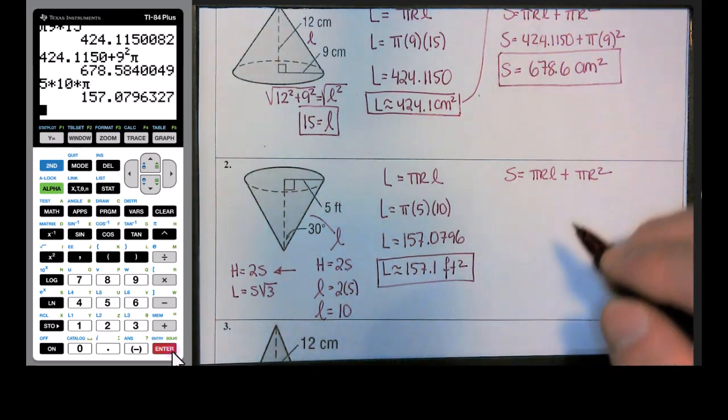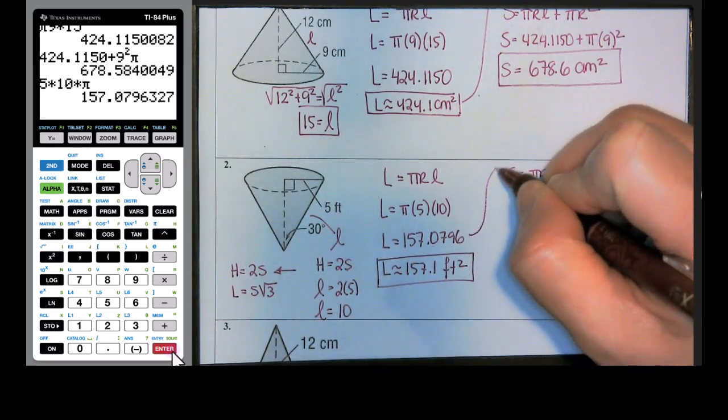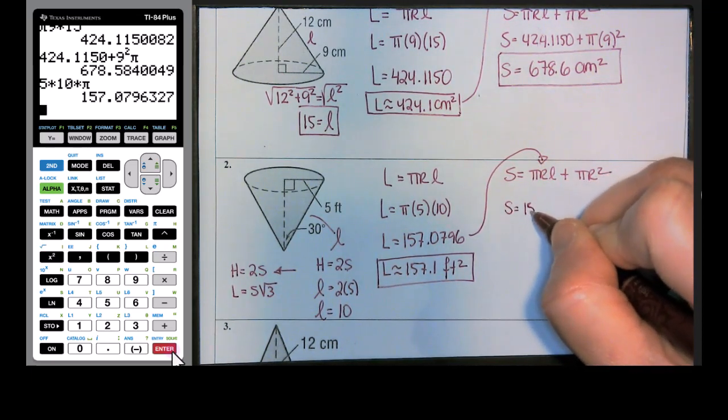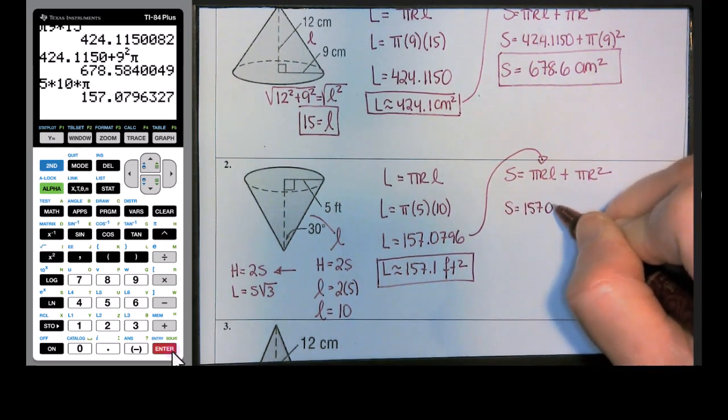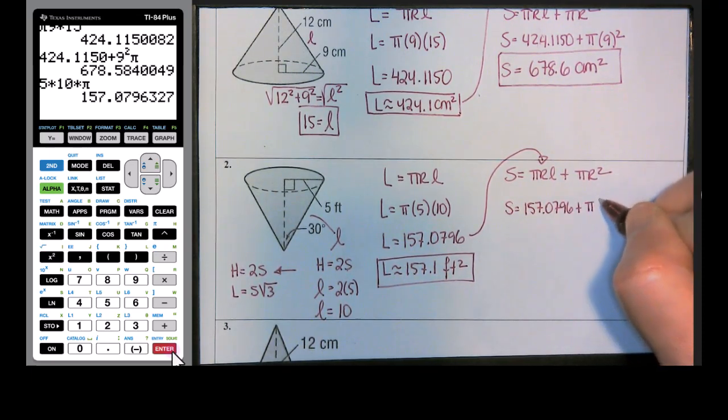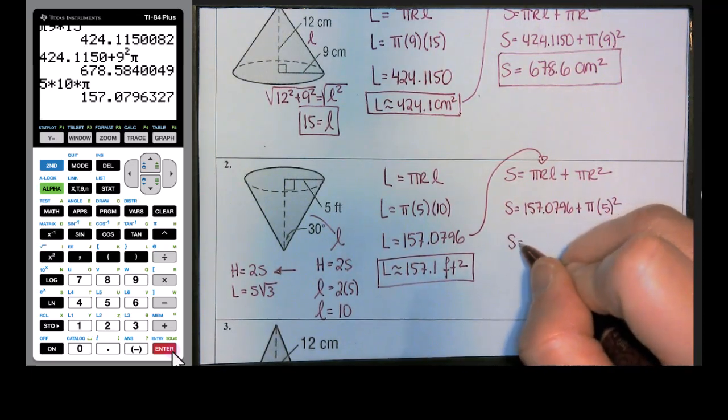Now, to find the surface area, I'm going to take this and plug it in here. So we got 157.0796 plus pi. The radius is 5 squared.